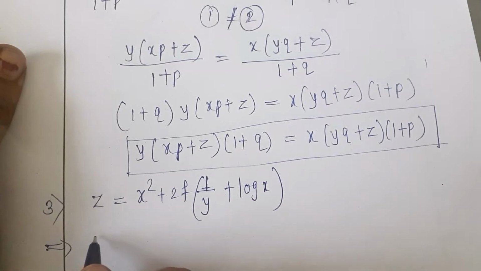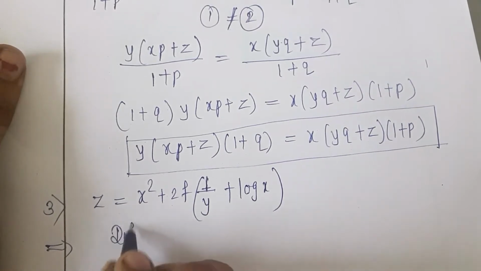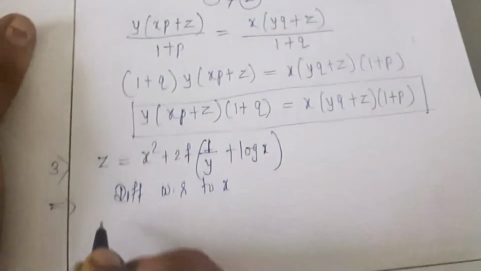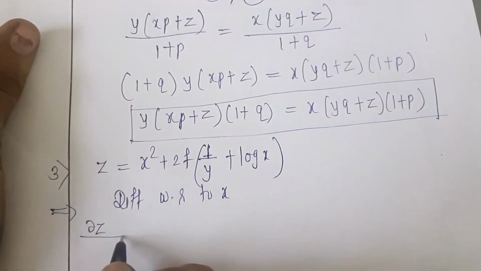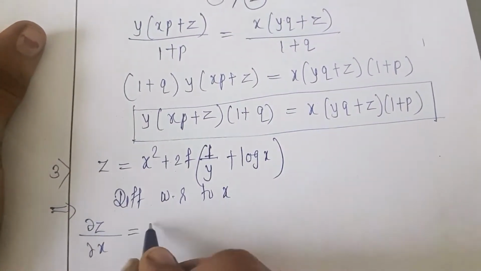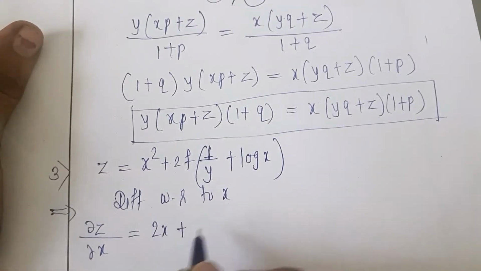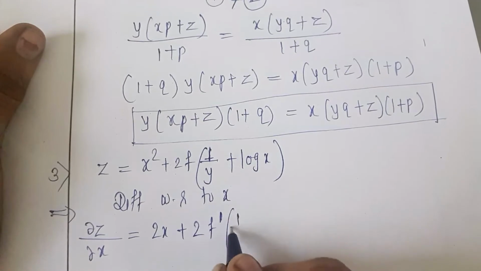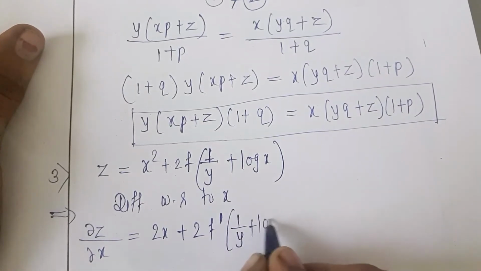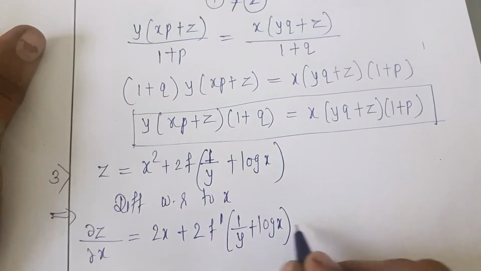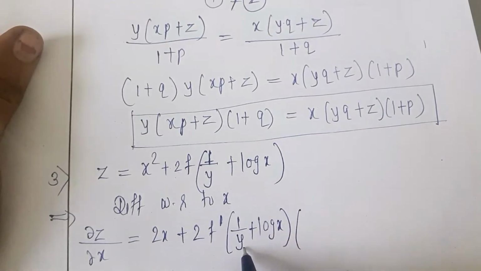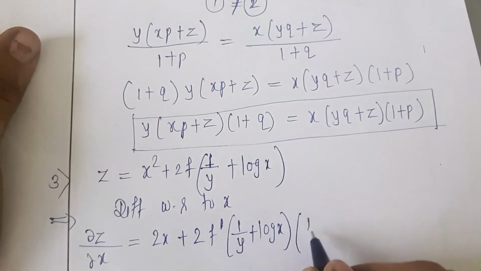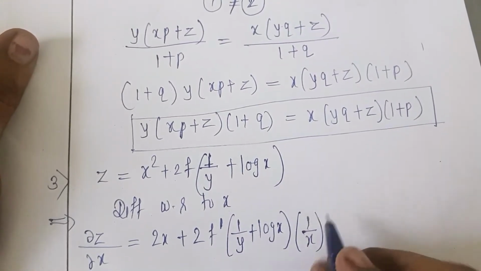Here, first find the derivative with respect to x, so differentiate with respect to x. Now del z by del x is equal to the derivative of x square, which is 2x, plus 2 as it is, times the derivative of f, which is f dash of (1 by y plus log of x), multiplied by the derivative of 1 by y with respect to x, which is 0, and the derivative of log x with respect to x is 1 by x.